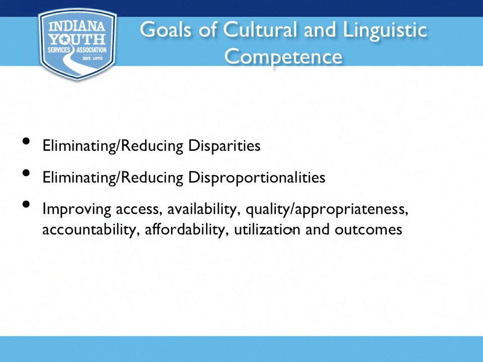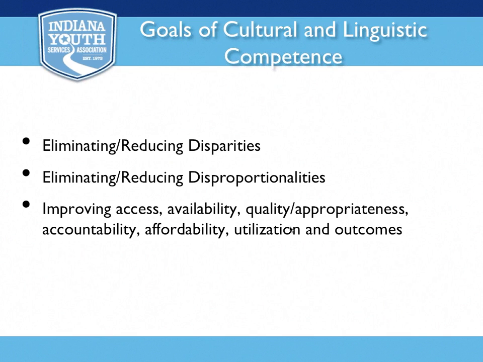So the specific goals are eliminating and reducing disparities and disproportionalities. We know that youth of color tend to be disproportionately represented in the juvenile justice system and underrepresented in mental health services, so they actually are being treated differently.